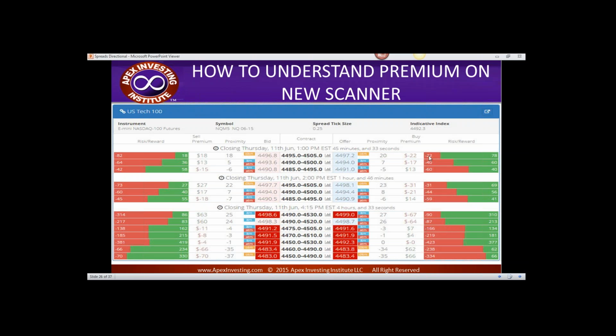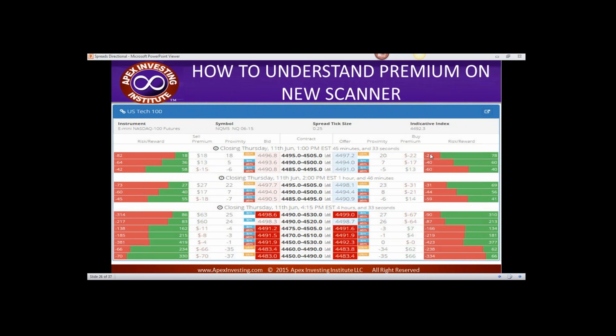It's not any different than this. You're risking 22, and it has to move up for you to even start making anything. You're still risking 22. Okay, so you still have risk on both sides, and that's where you really got to understand the differences here. And it's all about your strategy, because this is a $22 risk.